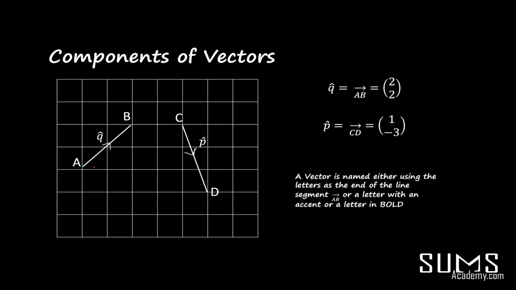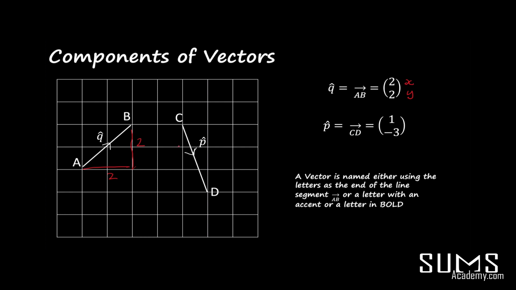Let's draw that in. It's gone along 2 and up 2. This is 2, that represents the x component, and that represents the y component. So it's gone along 2, up 2. That's basically what it means.